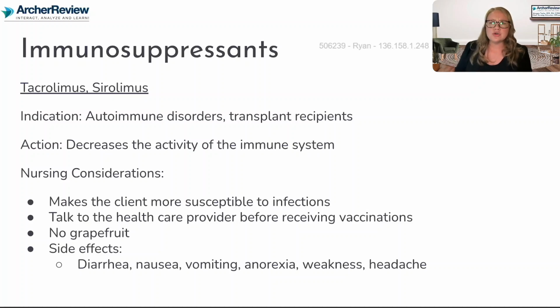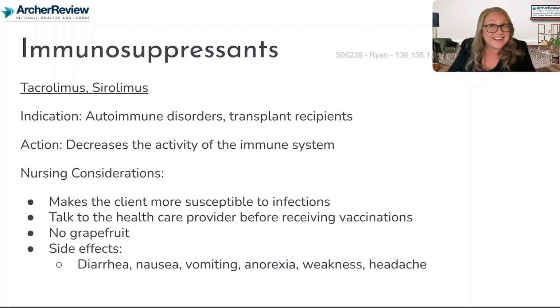There are two major times where immunosuppressants are used. When we have an autoimmune disorder, meaning the body is attacking its own self and we're trying to turn off an overactive immune system, or when a client has received an organ transplant. We have a foreign object now in the body that naturally the immune system will want to attack.